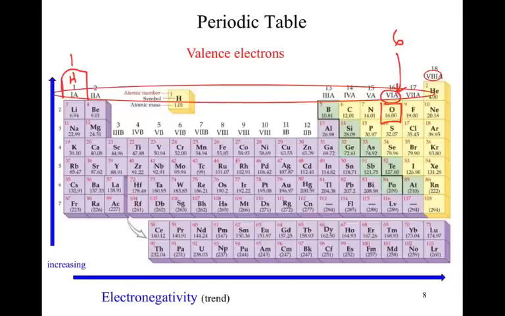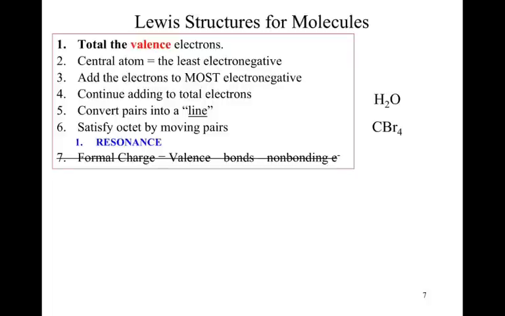So take that into consideration. It can help you get through these quicker and easier. So if we go back, we said our hydrogen had 1 electron, oxygen had 6. There are 2 hydrogens, however, so I will multiply that by 2, and I will end up with a total of 8 electrons. That is step 1.